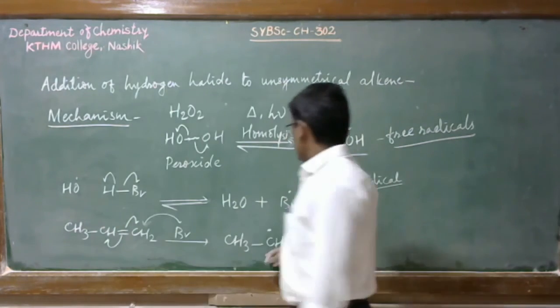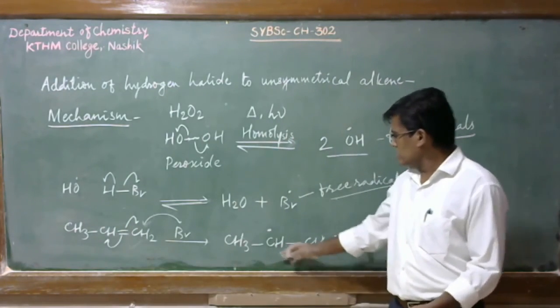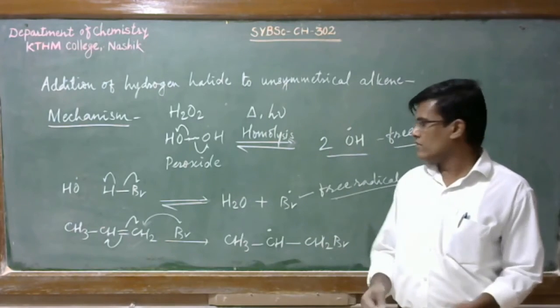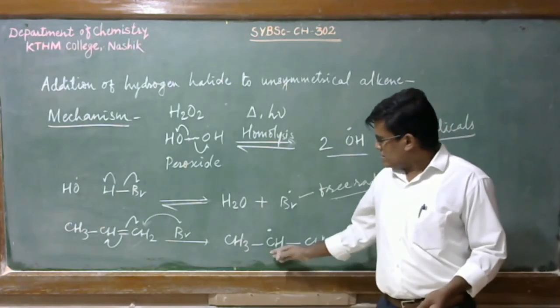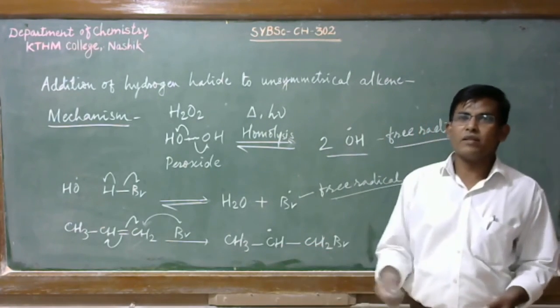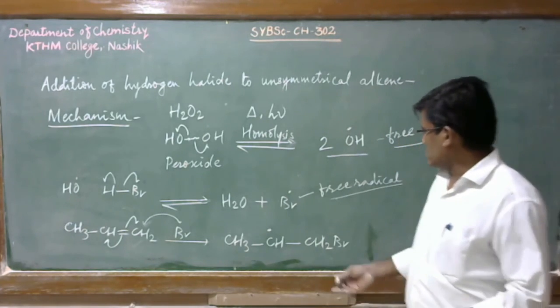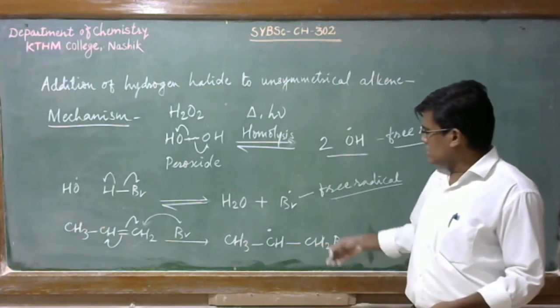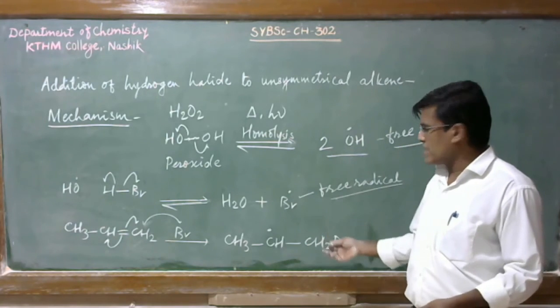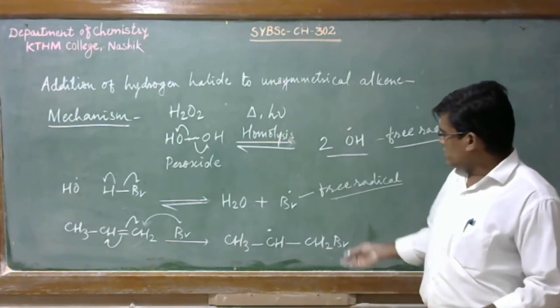So this is the secondary radical, and it is very stable. The stability of this free radical will determine the product of this reaction.